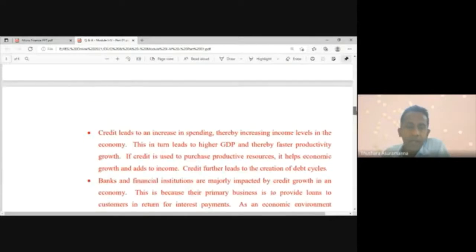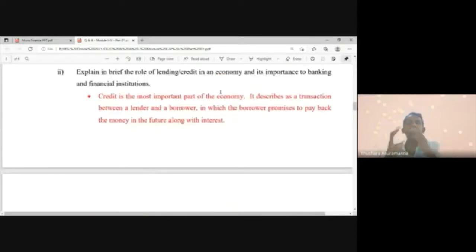Right. Now see, here again, we have discussed the importance of credit. It basically supports GDP, economic growth and economic development, creation of jobs, and supports income distribution, balance of payments, promotes exports and poverty alleviation.